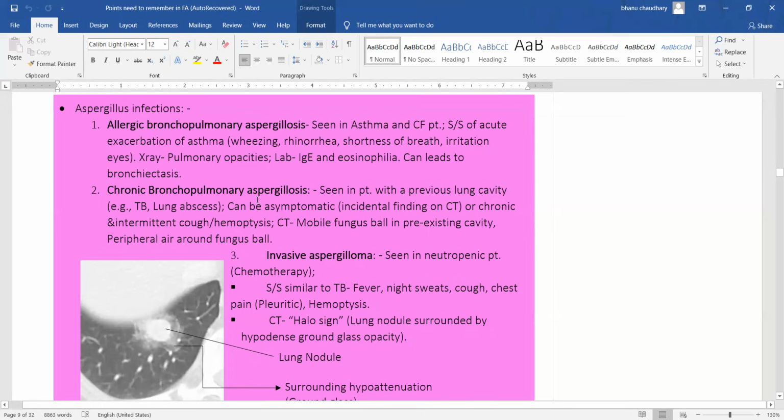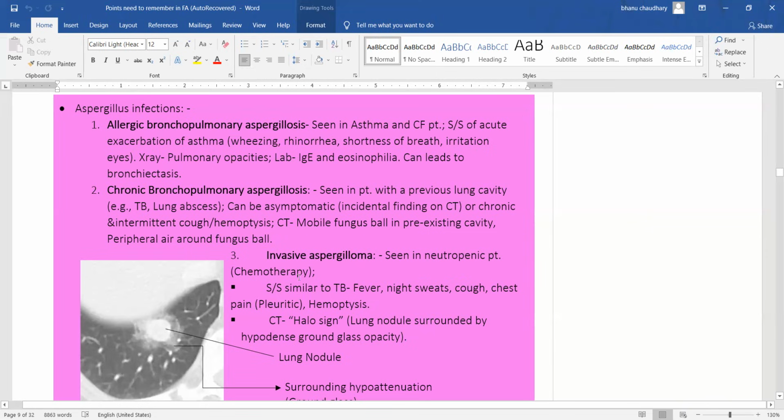Okay, the patient could be asymptomatic, or the patient could develop symptoms which include hemoptysis or an intermittent cough. Okay, and on the CT, what you will find is the pre-existing lung cavities that are now filled with some kind of a mass, and the mass is mobile, which means with the change in the position of the patient, the mass will move. Okay, it would be a mobile mass.